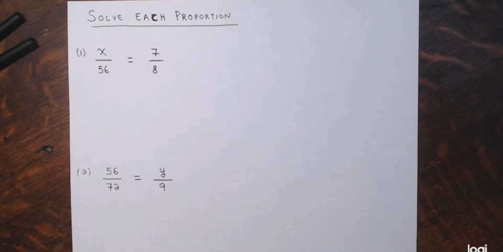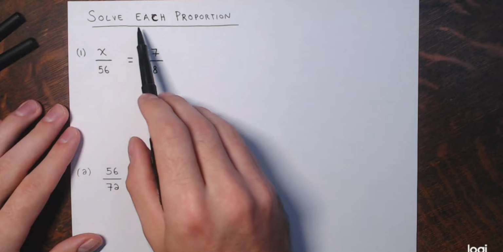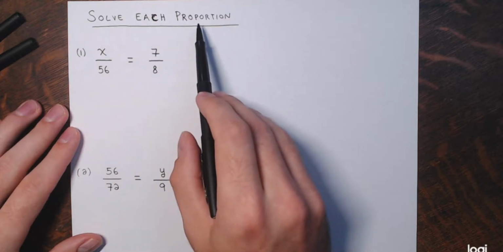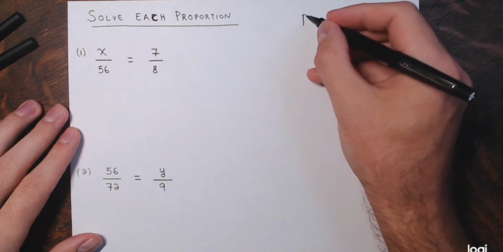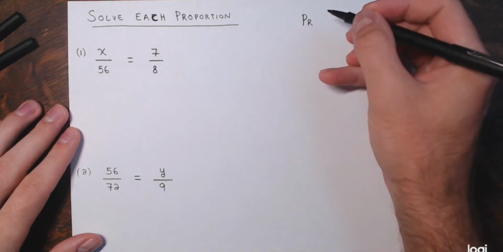In this first example, and all the examples in this video, I'm asked to solve the proportion. A proportion is just a rational equation.